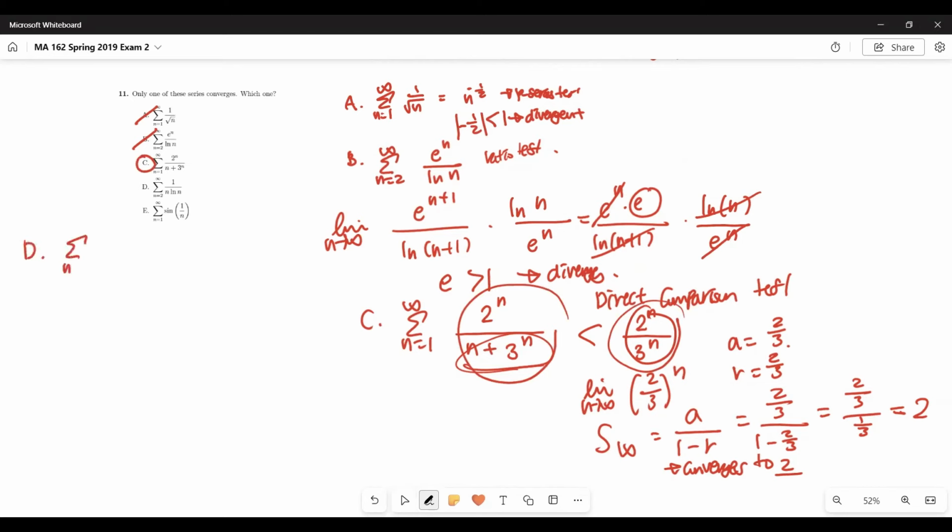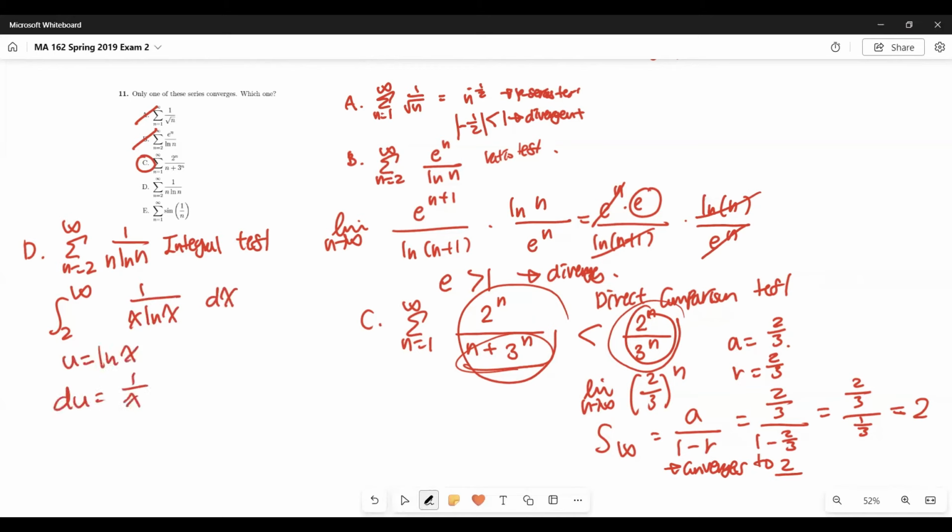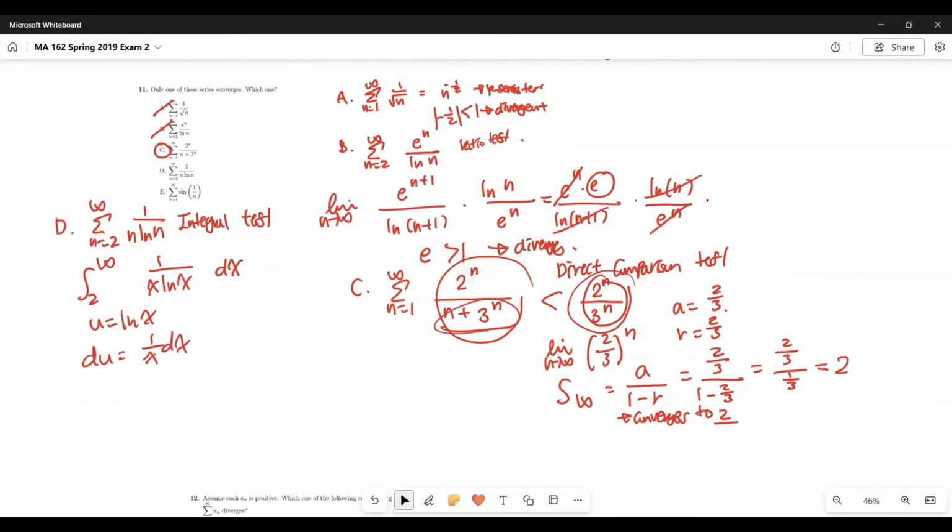So D is the sum from n equals 2 to infinity of 1 over n ln n. For this one, we can do the integral test: the integral from 2 to infinity of 1 over x ln x dx. Oh no, you don't even have to do integration by parts. It's just u substitution. Sorry. u equals ln x, and then du, the derivative of u, is just 1 over x dx.